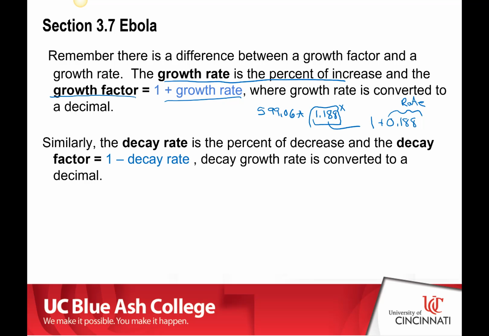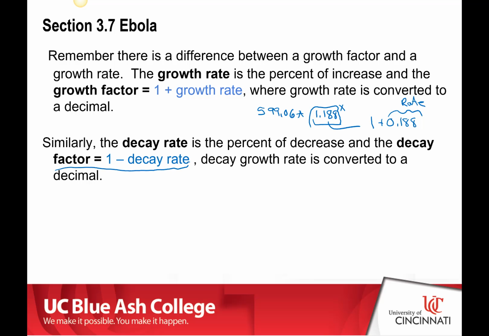If you have decay, you can determine that by once again looking at this factor. If this factor is between 0 and 1, you have decay. If it's greater than 1, you have growth. The relationship between the decay rate and the decay factor is as follows.